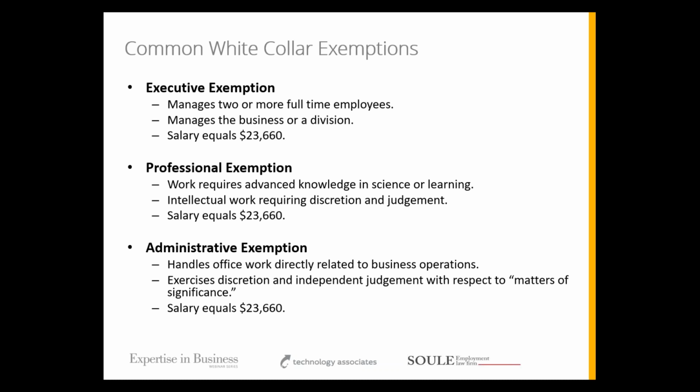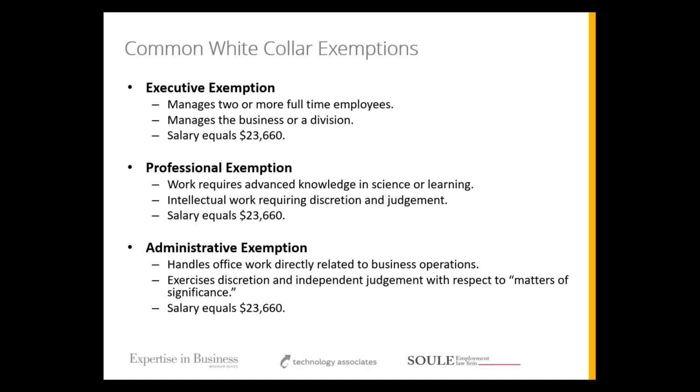So the easiest example I can give is, most folks think that if they pay a receptionist the $23,660 salary, that they'll fall within this exemption. This exemption applies to a much higher level person. So a receptionist would not fall within this exemption, but perhaps a CFO would, or an accounts payable or accounts receivable manager would.